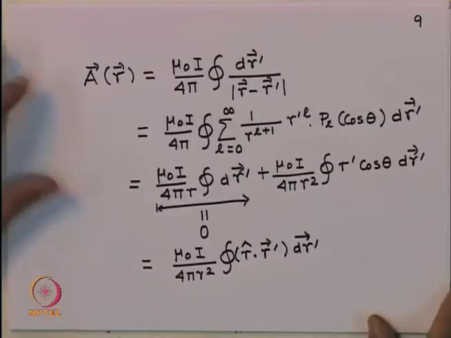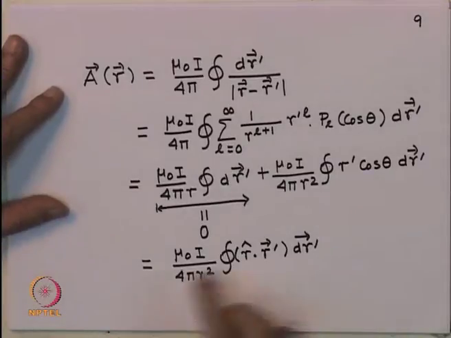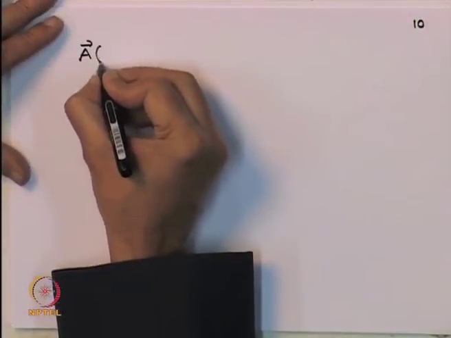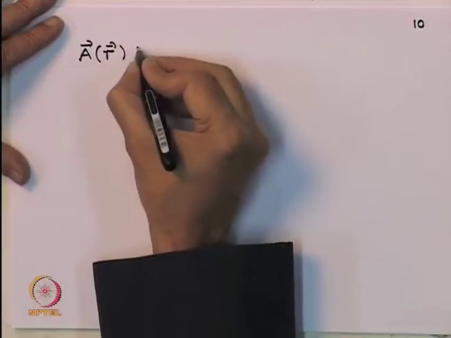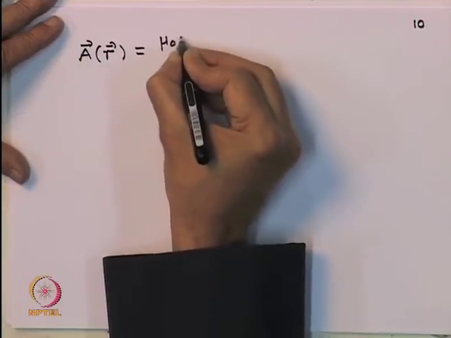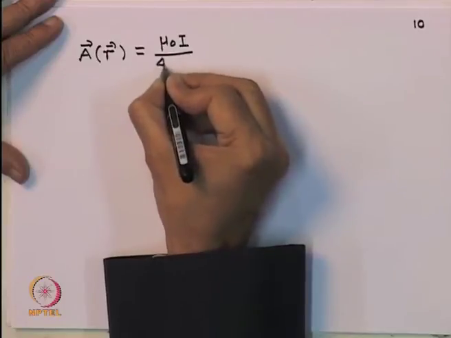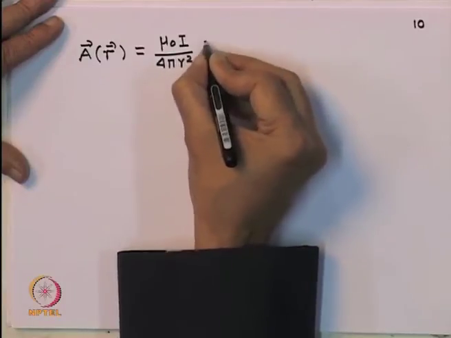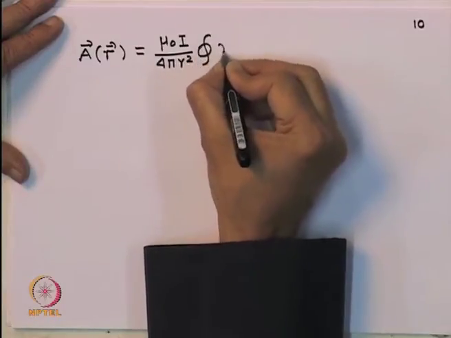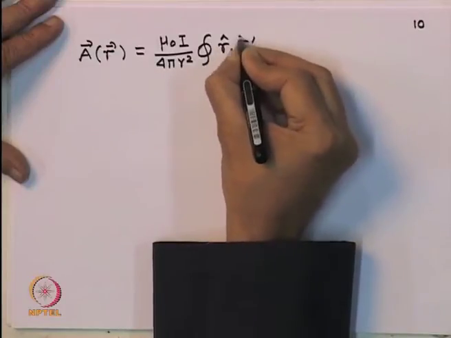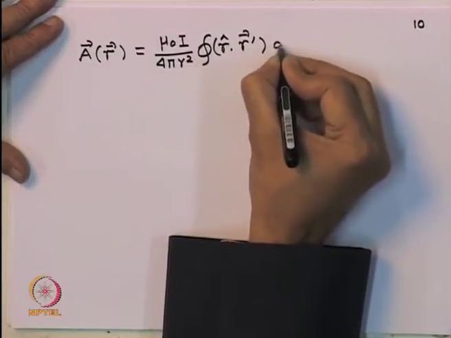So, this is the formal expression and I need to calculate this. So, let me write it again. There is a little cumbersome mathematics, but on the other hand fairly straightforward. Mu 0 I by 4 pi r square, loop integral of r hat dot r prime dr prime.